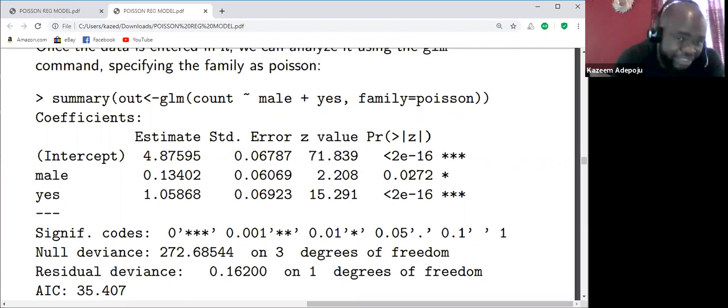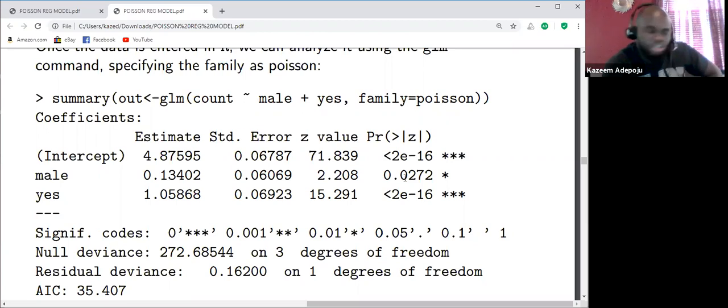But at 1%, let me tell you something. If you look at 0.02, 0.02 is less than 0.05 but greater than 0.01.